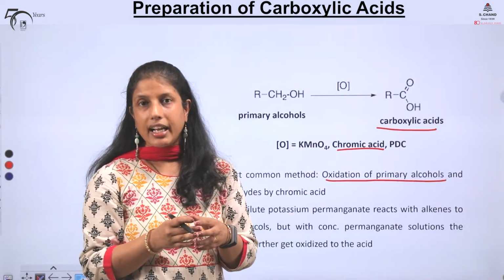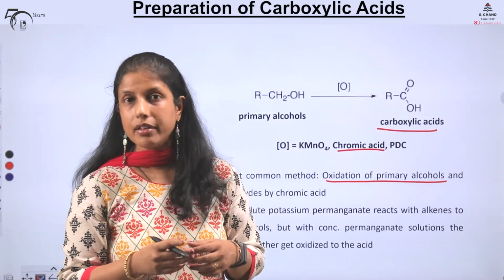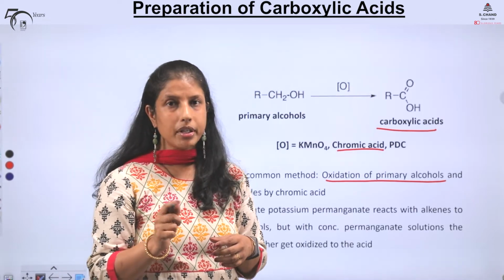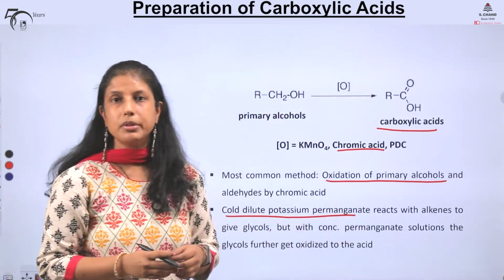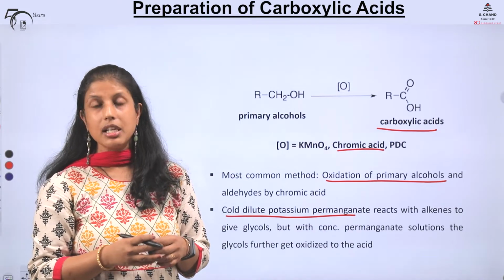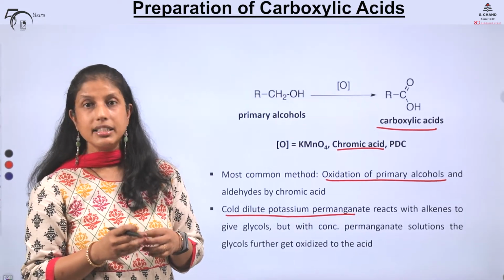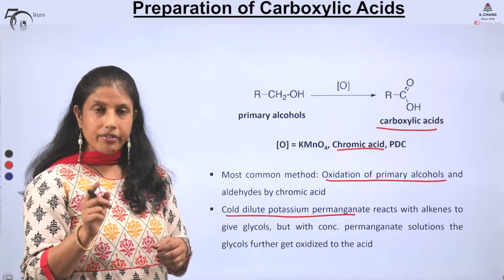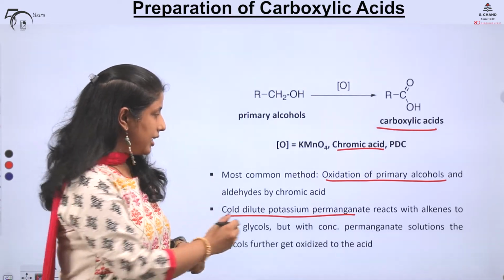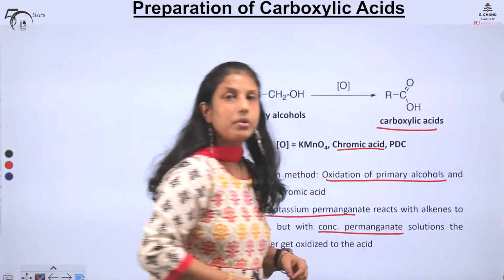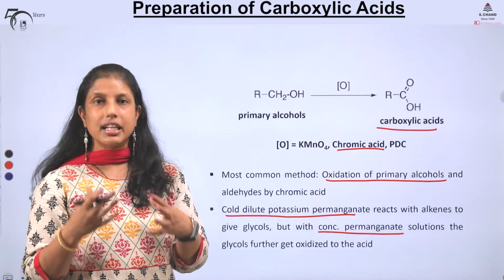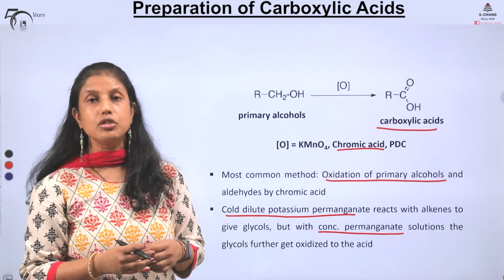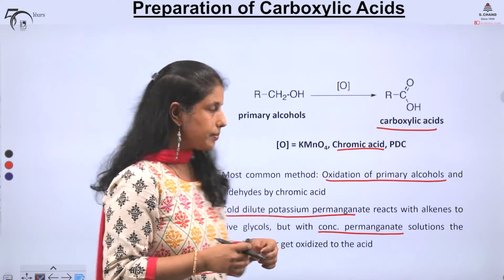These carboxylic acids can also be prepared from the alkenes. Remember, when alkenes are treated with a cold dilute potassium permanganate solution, they give us what is known as glycols. However, if those same alkenes are treated with a concentrated potassium permanganate solution, then the glycols get oxidized to our carboxylic acids.